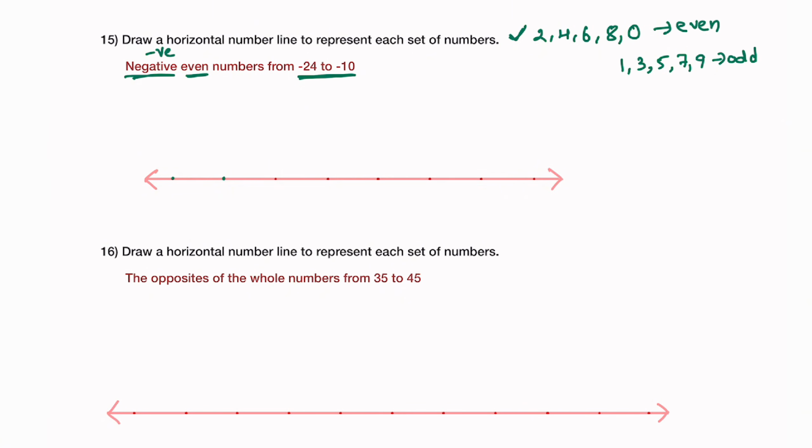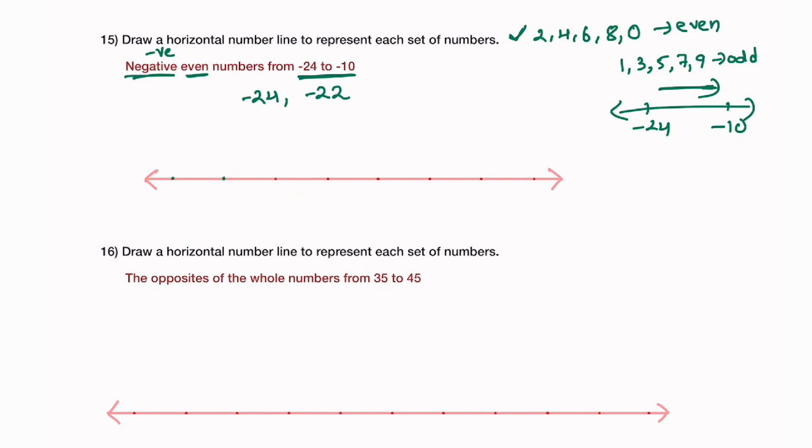So we will first list down the numbers. It's going to be minus 24. Then, if it's a number line like this, your minus 24 is here and minus 10 would be here, right? So we are doing this traveling, okay? So minus 24. The next one will be minus 22, because minus 23 is going to be an odd number.